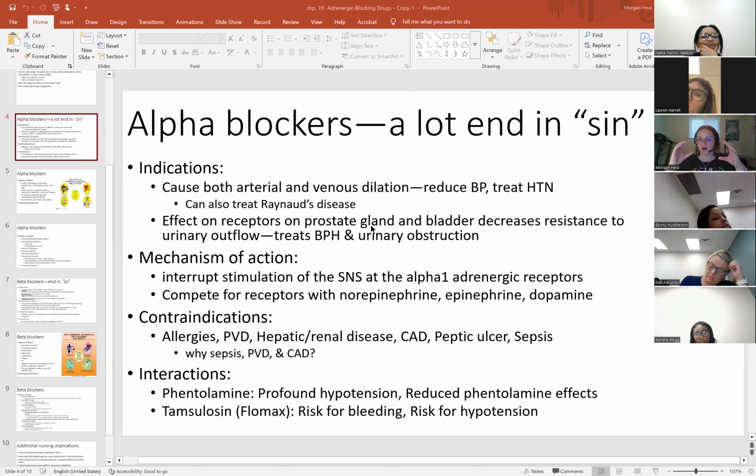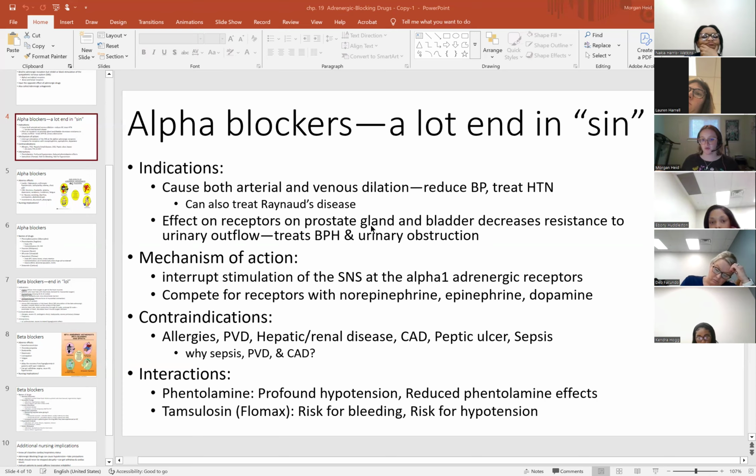So if I stop the epinephrine from the sympathetic nervous system from causing vasoconstriction in the first place, that's not going to contribute to raising the blood pressure.